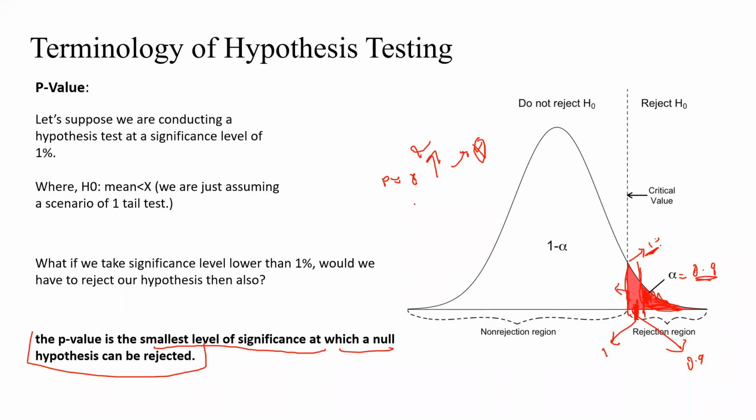And for any alpha value less than the p-value, the null hypothesis is not rejected. The p-value is the smallest value where you can reject it, and beyond that you cannot reject the null hypothesis. Basically, that is the definition of the p-value. Hope we are clear on that part. If there are any questions, you can stop me here.